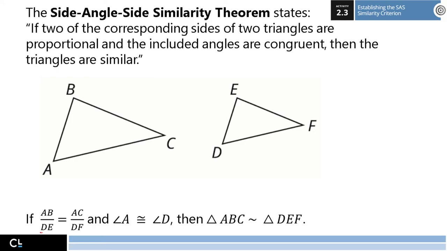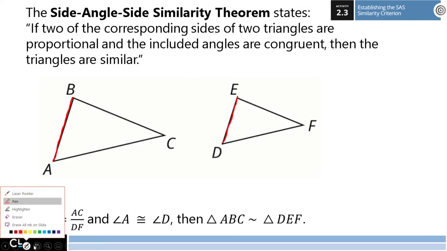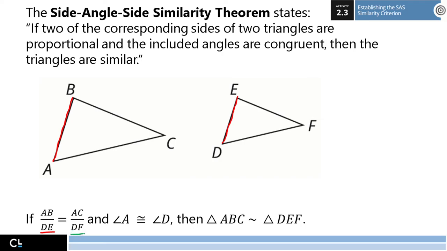We have red, we have AB and DE. These sides have to create a ratio, right? And they have to be proportional with the ratio of AC, DF. But we don't have the third ratio here.